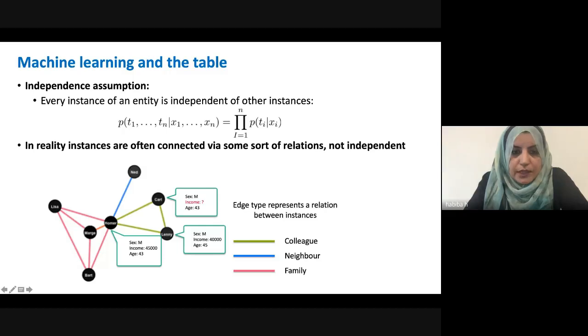So you could have connections between individuals. For example, here at the bottom, I have a graph of the same sample data that I had on the previous slide. Now the black blobs are the individuals, and the connections between them are different relationships. They could be colleagues, they could be living in the same neighborhood, or they could be familial ties. And they might be reflective of the income of an individual.